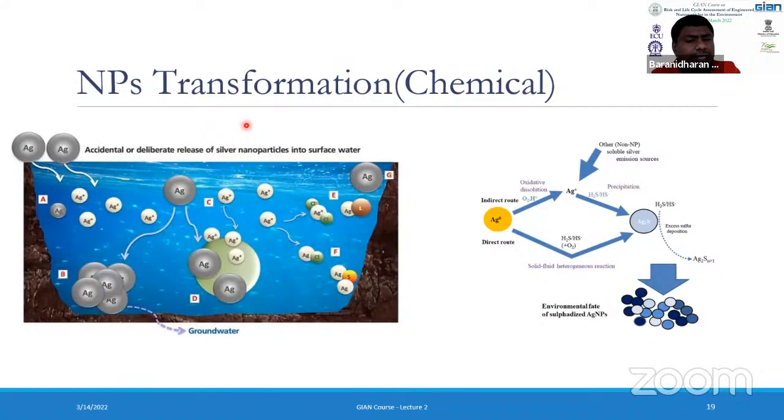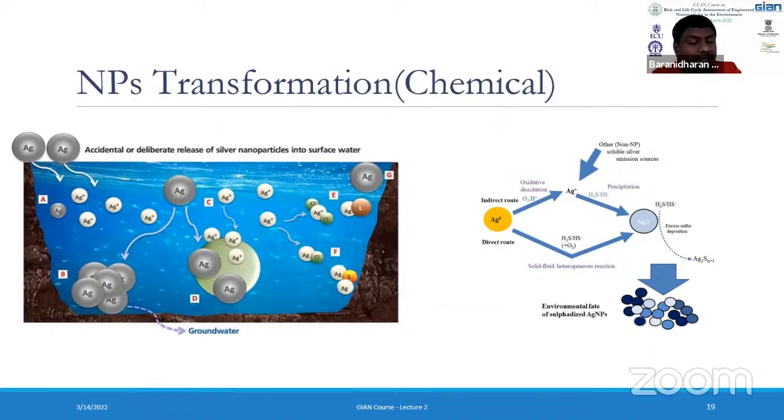So, transformation in the environment. As I have already said, one such thing is dissolution; with respect to the chemical aspect, dissolution can happen from these nanoparticles. As we have said, when particles are agglomerated the active sites will not be as numerous, but for a stable particle the active sites will be more. They will be discharging more and more ions into the solution.